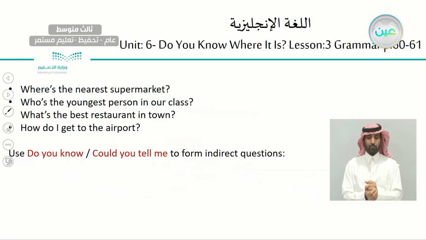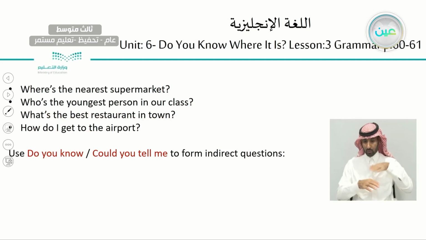For more exercise, look at these statements. Where is the nearest supermarket? Who is the youngest person in our class? What is the best restaurant in town? How do I get to the airport? These questions, what kind of questions are they? Are they direct questions or indirect? Excellent.